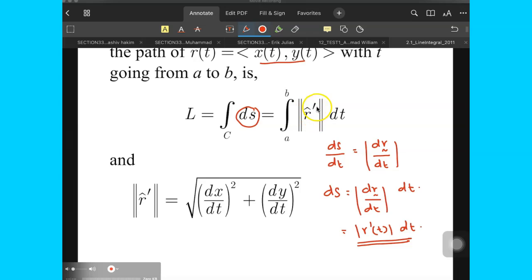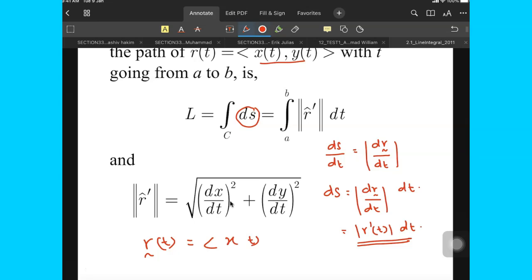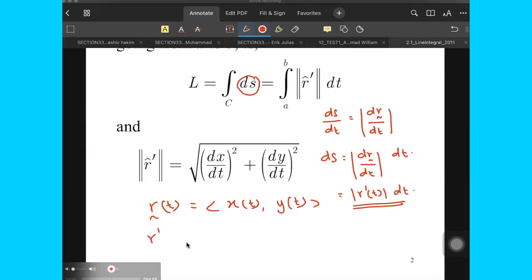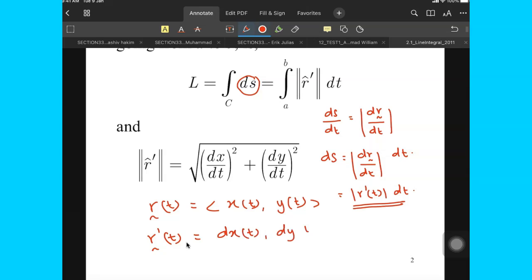Okay, so what is the r prime? We know that r of t is a vector given by x in terms of t, y in terms of t. This is if it is in a two-dimensional system, only x and y. So when you differentiate, r prime t has dx dt, dy dt.